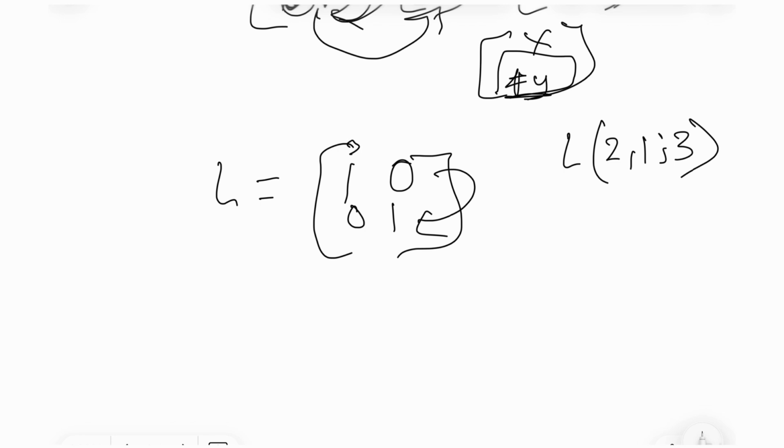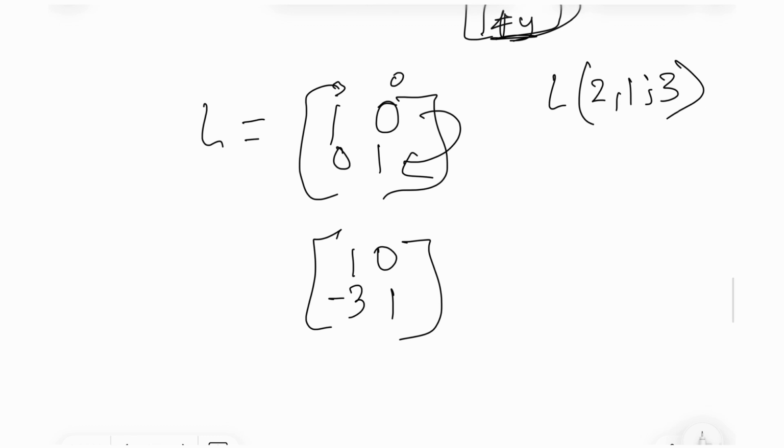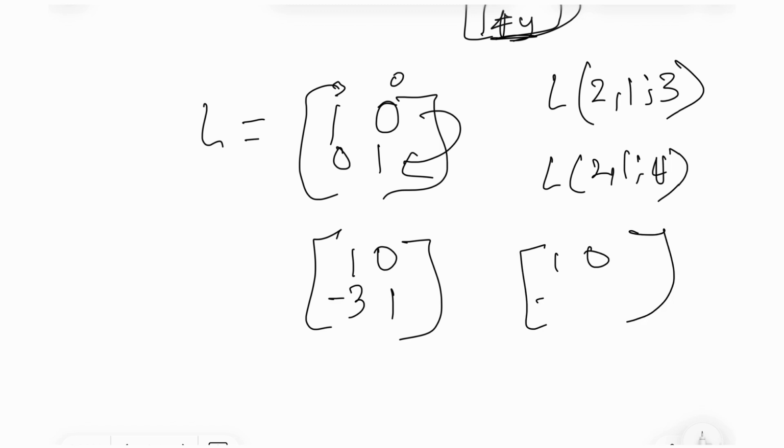I'm going to get 3, 0, subtract from the second. What are we going to get? Right? Again, maybe 4. What are we going to get?